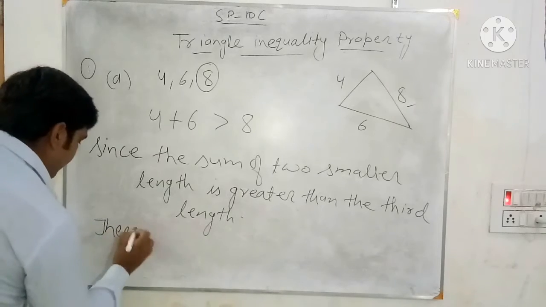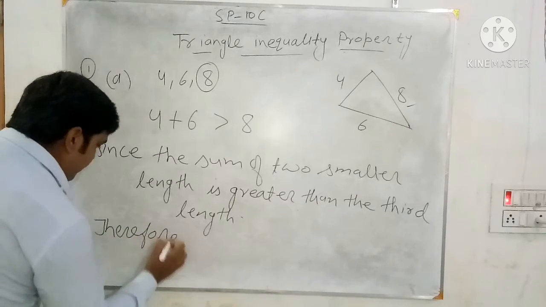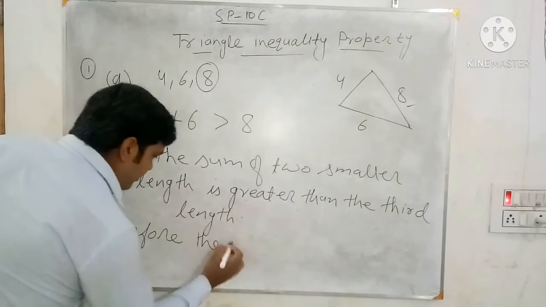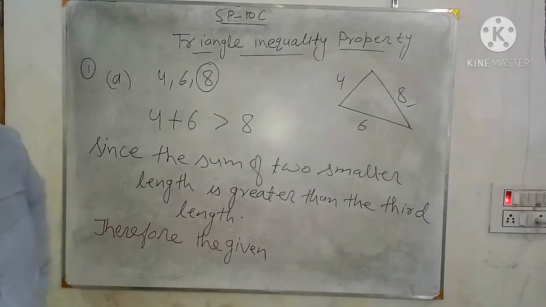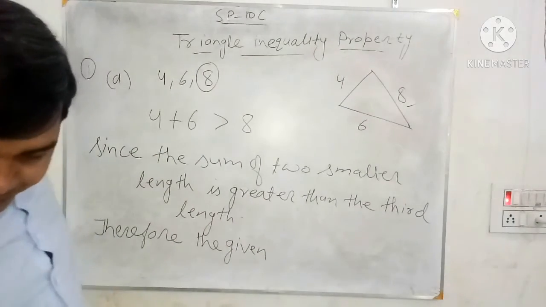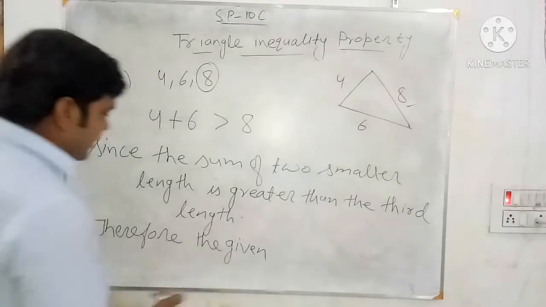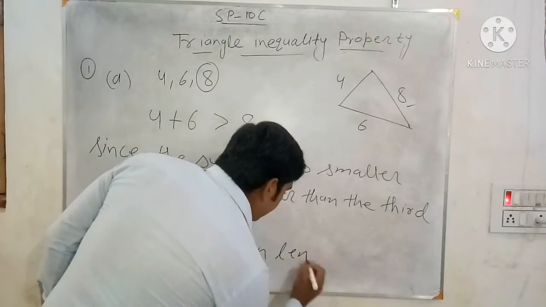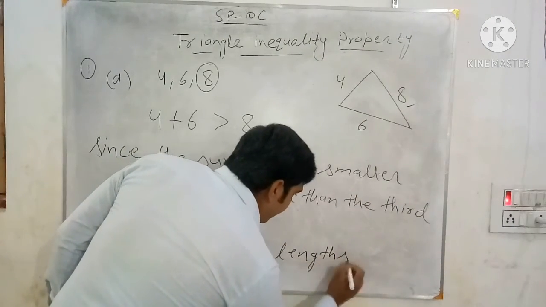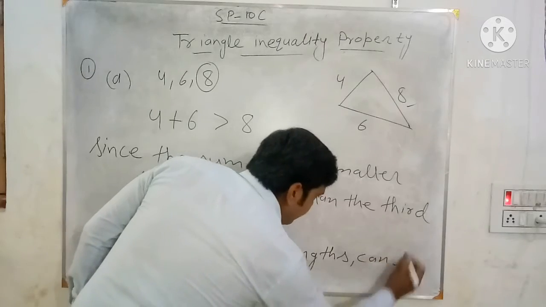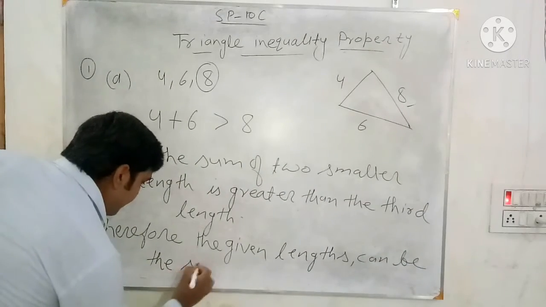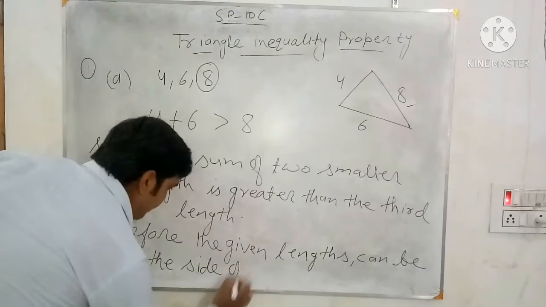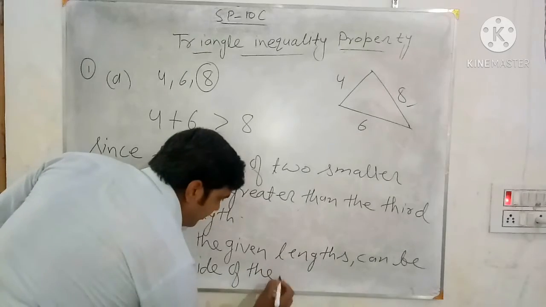Therefore, the given lengths can be the sides of the triangle.